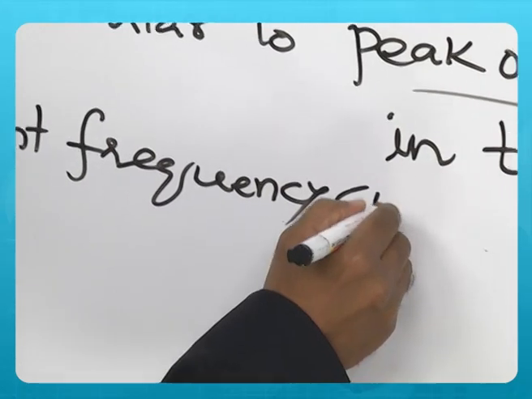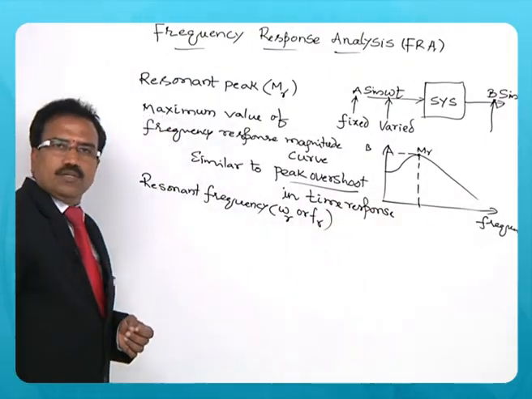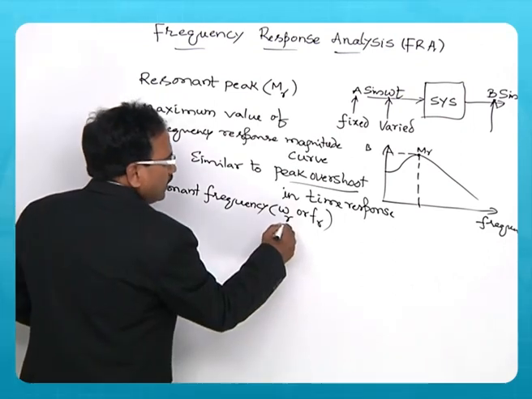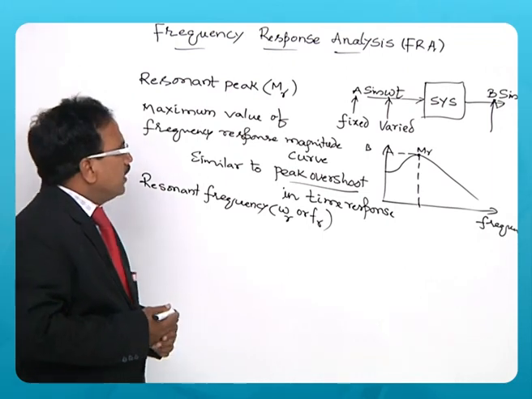This is represented by omega r or Fr. If it is given in omega r, it is radians per second, or Fr is in cycles per second or Hz.